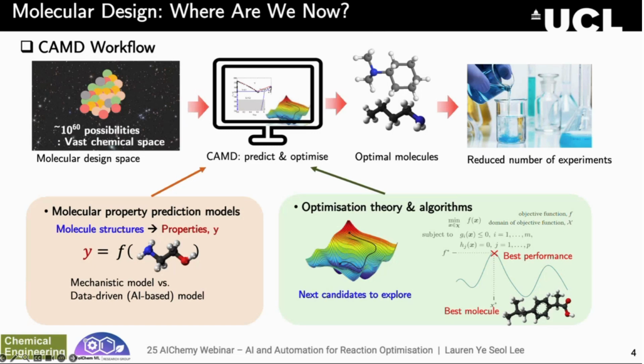Our research group has focused on developing both property prediction models and optimization algorithms across many small molecule application domains, small organic molecules, I should say. By combining these two elements, CAMD enables us to identify a much smaller set of optimal molecular candidates to test, which would dramatically reduce the number of experiments we need to perform.